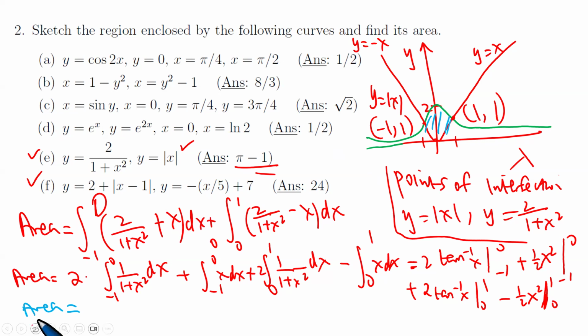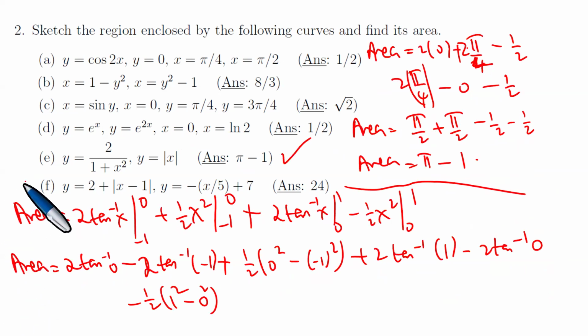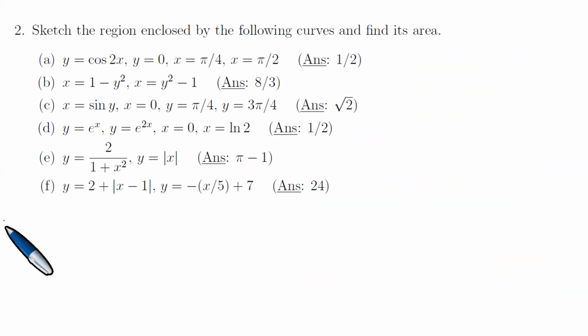We're looking at F now. Okay, we're continuing.